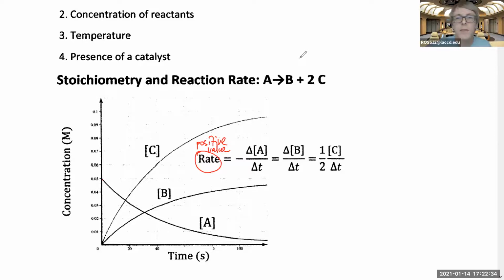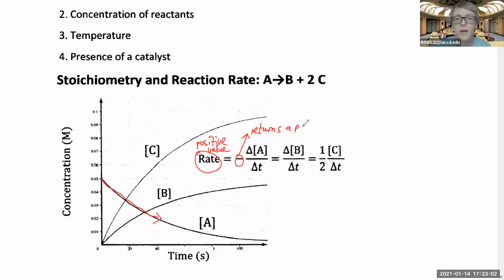Now we know that if we look at this slope here, the concentration of A is going down. So that will give us a negative change in concentration. To give us a positive rate, we just get rid of that negative by multiplying through by a negative. So the whole point of this is it returns a positive rate.